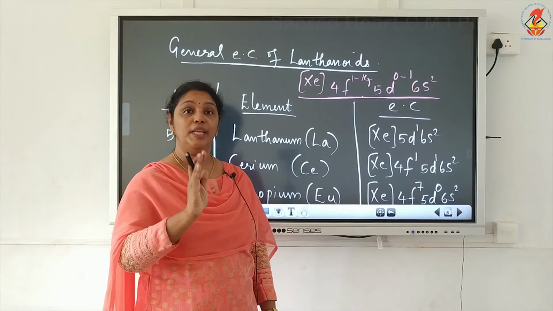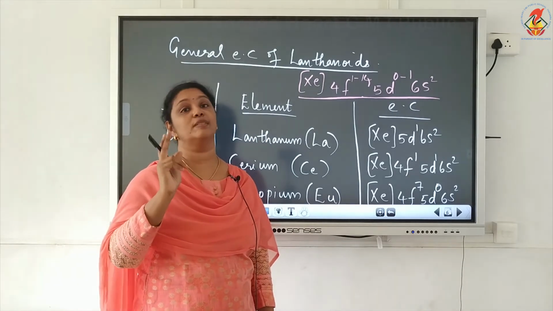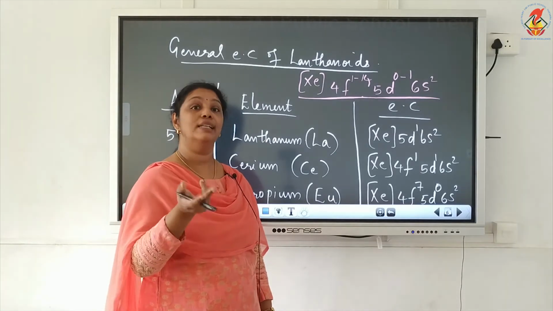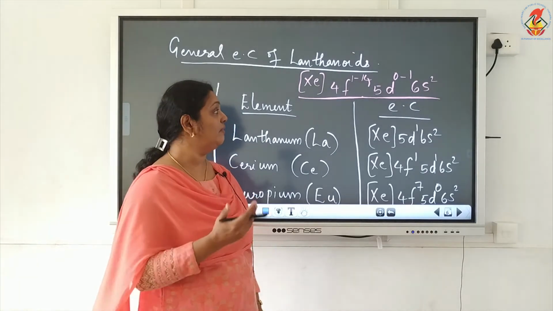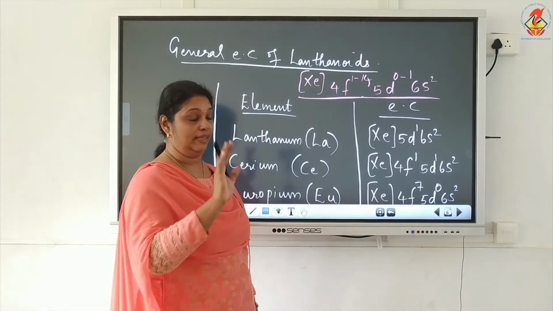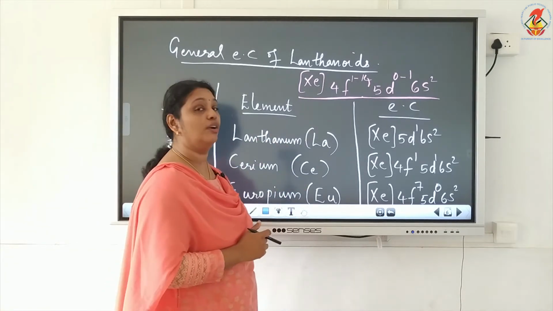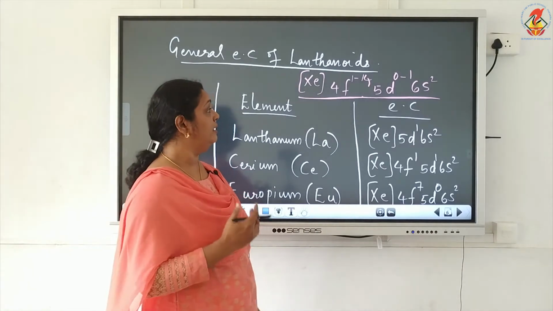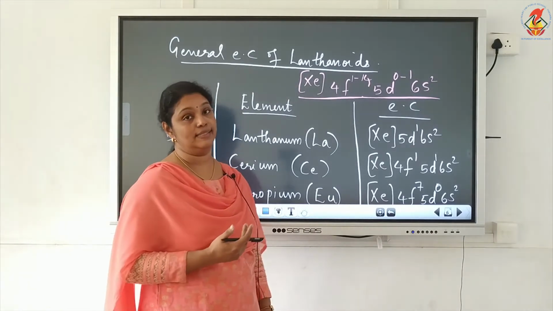In the 6th period we have n-2, meaning 6-2, which is 4F. 4F orbitals are filled first, then the 5D orbital, then we have the 6p, like that.